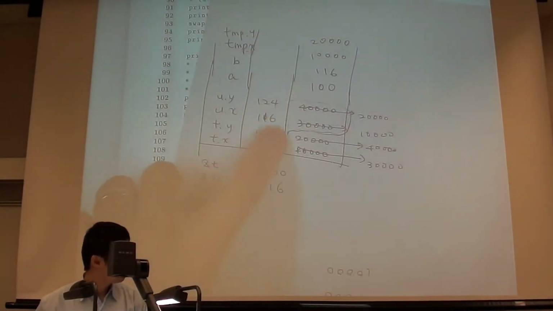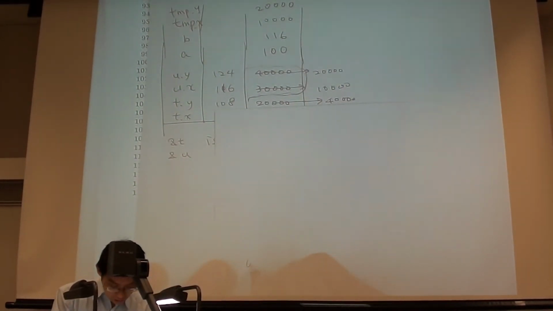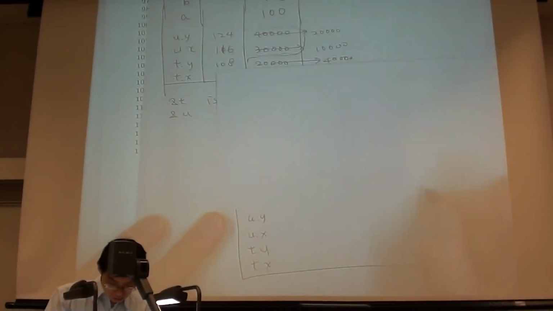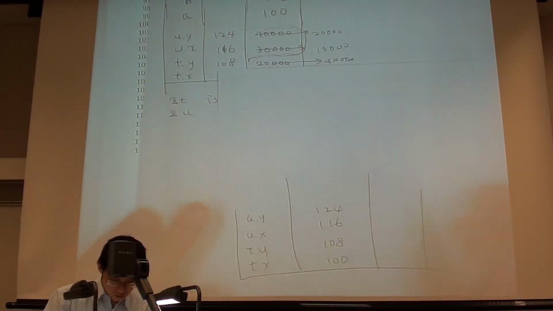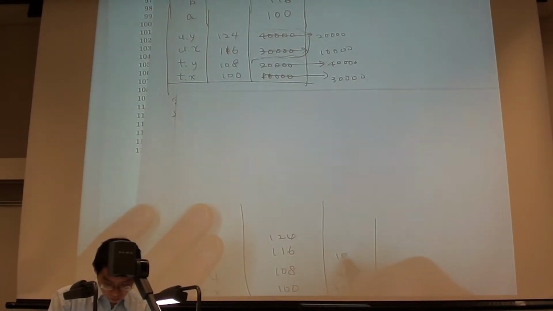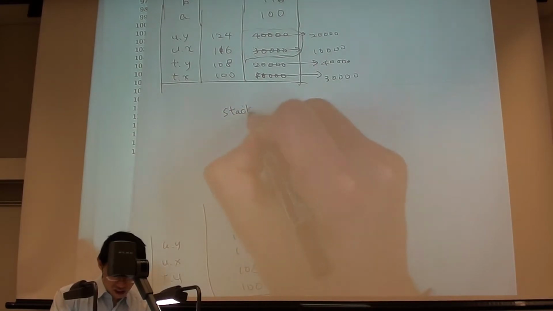Based on this, the address now is u.y. So now this is 30,000, 40,000. That's in the stack. And it's a heap.